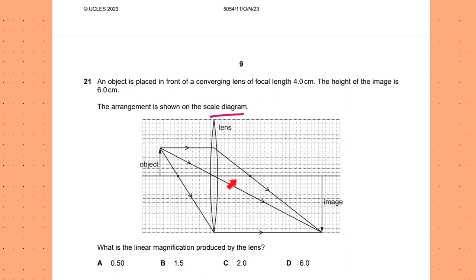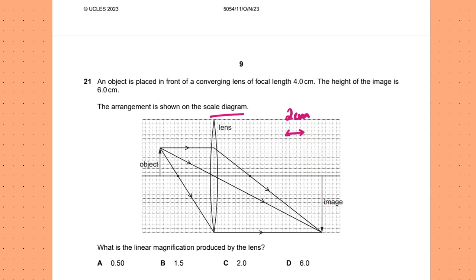So 1 and 2, these are basically 4 centimeters. So I get this sort of a scale from here, that each large box, 5 small boxes, is 2 centimeters, right? What is the linear magnification? So I can see the height of the image is 6. That's what is given to me. So 1, 2, 3, exactly 3 times 2 is 6.